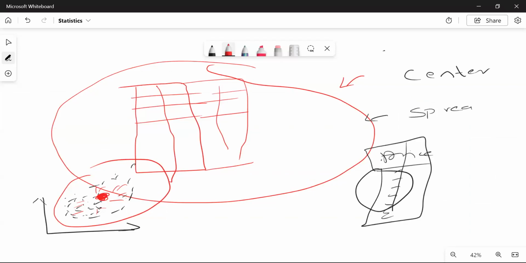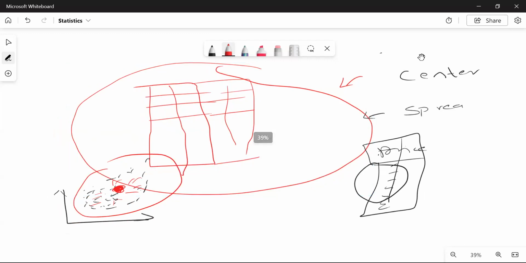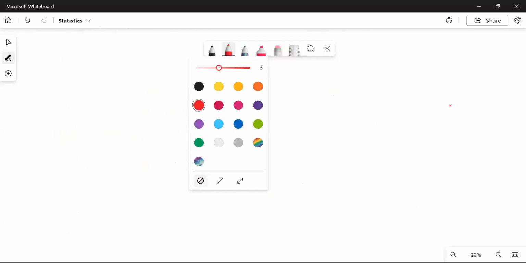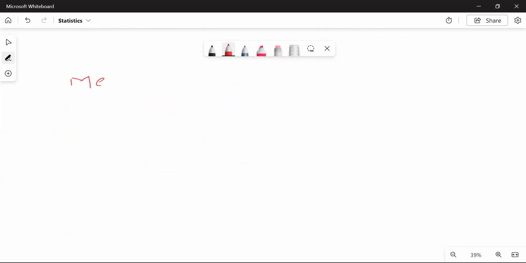When we are talking about the measure of distribution or measure of dispersion, the first parameter is range. So we would like to understand the measure of dispersion.